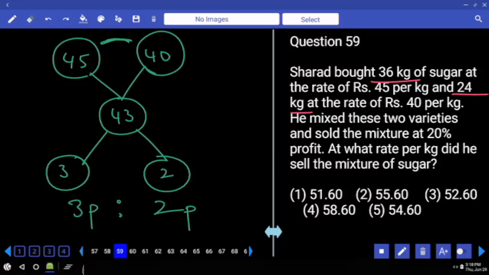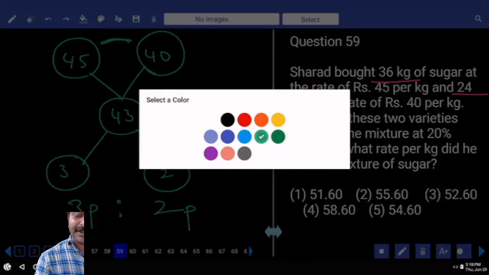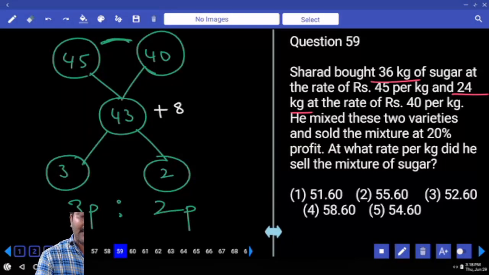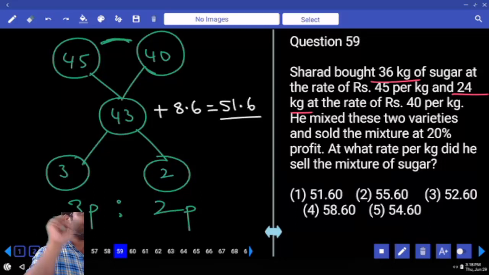Yes or no? But what is 43? Cost price, because 45 and 40 are cost prices. 43 is mixture cost price, but now you need to sell it at 20% profit. Because you are expecting 20% profit, you need to add 8.6, which is 51.6. This is another way.